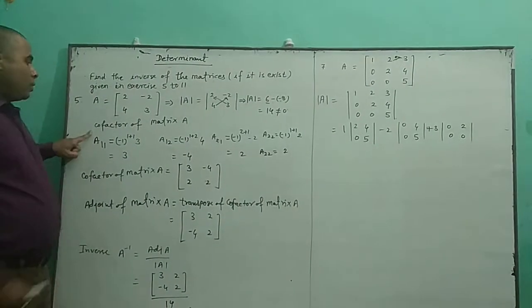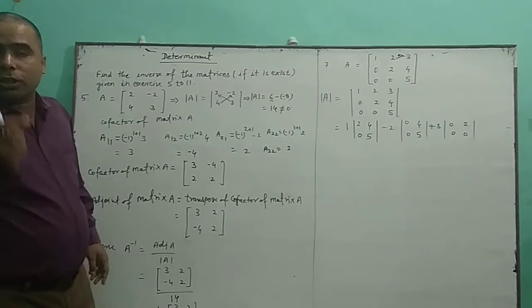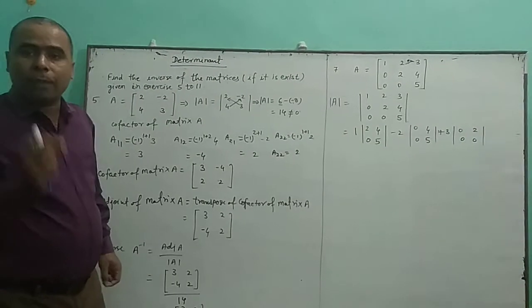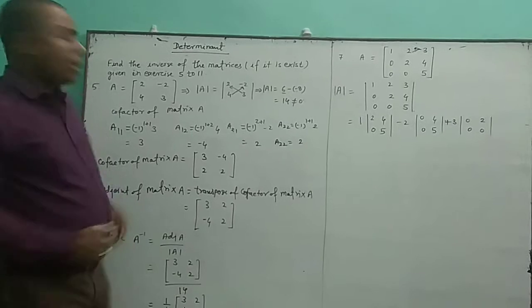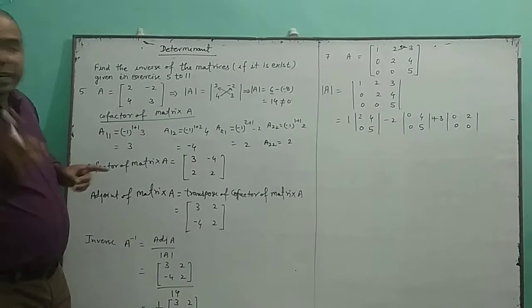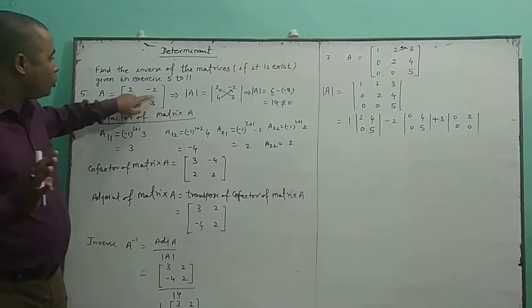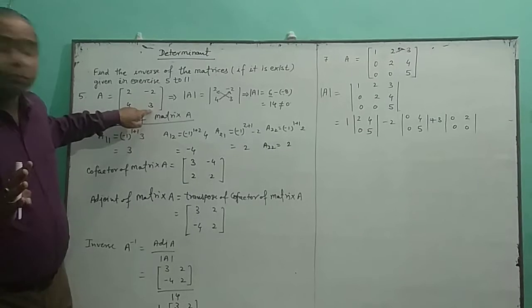Now, for finding the inverse of the matrix using the determinant method, first of all we have to find the cofactors of the matrix A. This is a 2 cross 2 matrix, so there are 4 cofactors: A11, A12, A21 and A22.